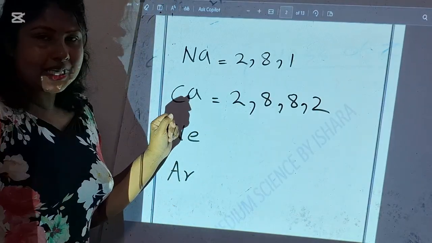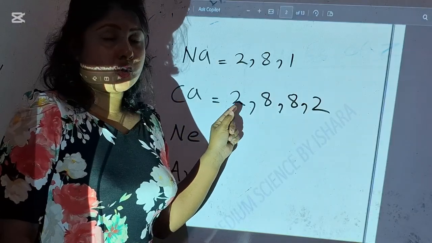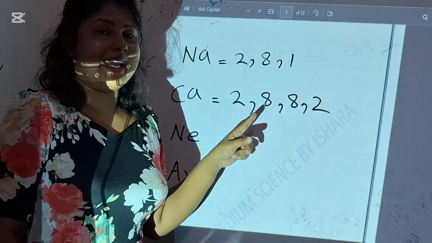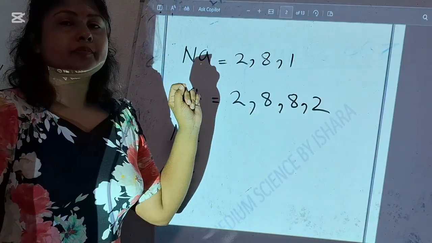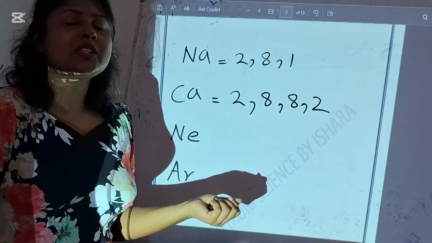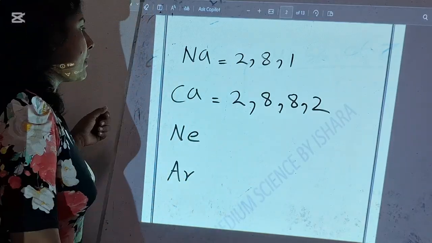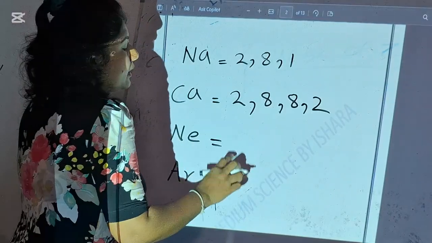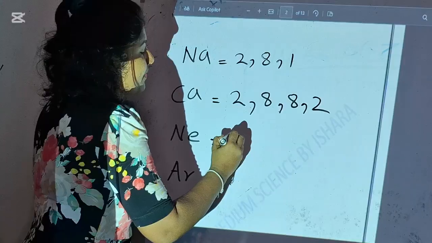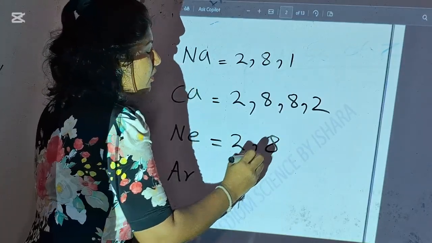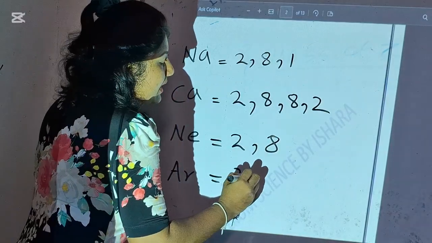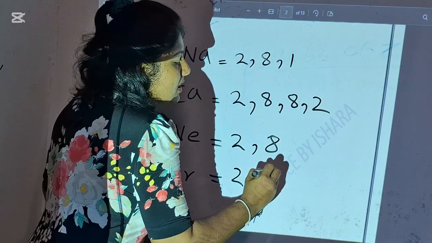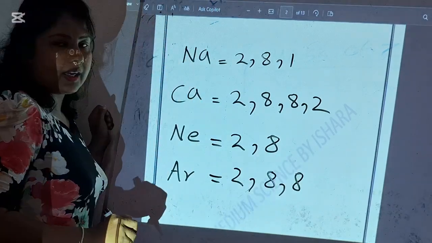If we take calcium, the first shell is filled with 2 electrons, the second shell 8, the third shell 8, and the last shell, the fourth shell, 2 electrons. Neon, in 10th place, has the electronic configuration 2 8. Argon, in 18th place, has the electronic configuration 2 8 8.